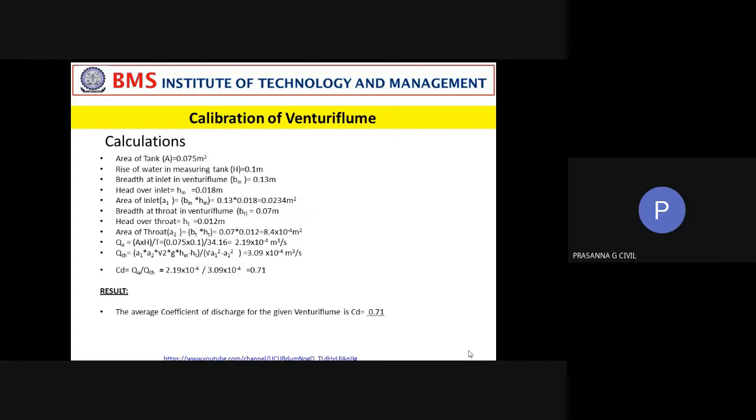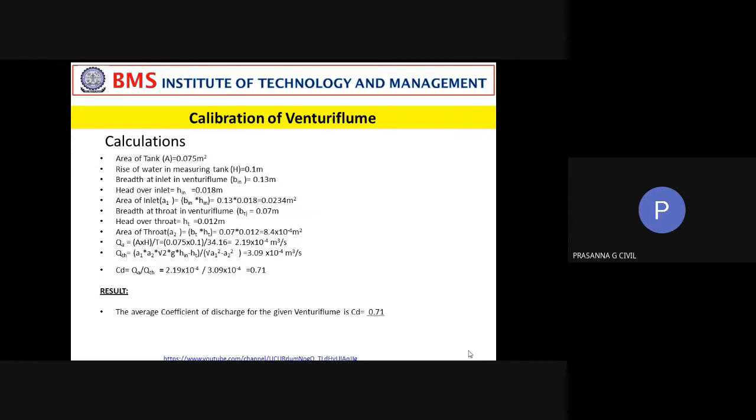The Q actual, A into H divided by T, works out as 2.19 into 10 raised to minus 4 meter cube per second, and the Q theoretical works out as 3.09 into 10 raised to minus 4 meter cube per second. Hence CD, Q actual by Q theoretical, is 0.71.